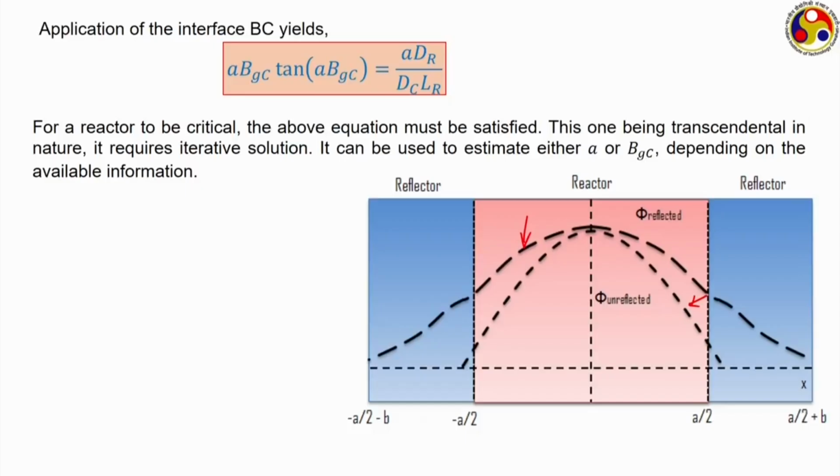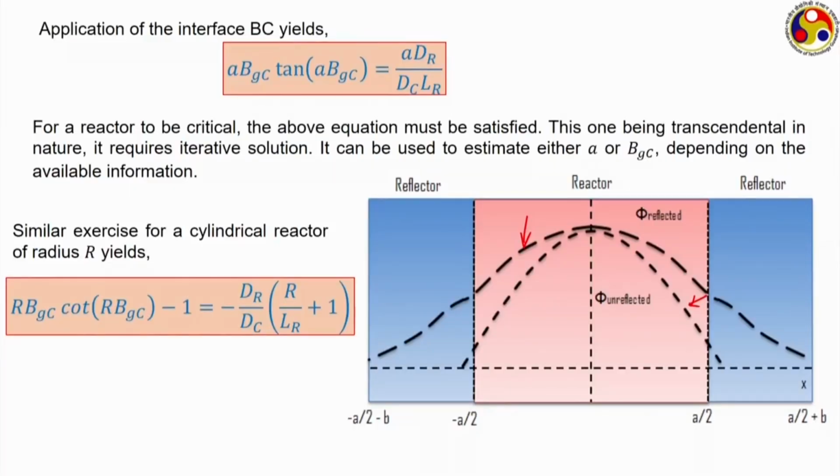So, use of a reflector definitely helps in flattening out the neutron flux distribution, and hence it can lead to a higher rate of fission reaction, and thereby allow a smooth distribution of temperature.